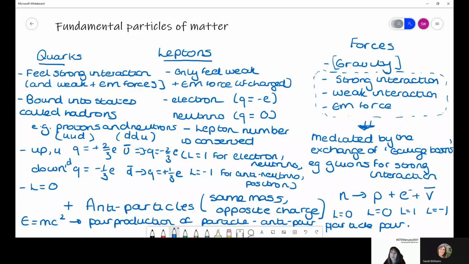For example, we could have a photon, which is the particle responsible for the electromagnetic force, and that could convert into an electron and a positron. Again, this process is okay, it still conserves the lepton number. And often this process has to occur near a nucleus or some other particle in order to make sure momentum is conserved overall.